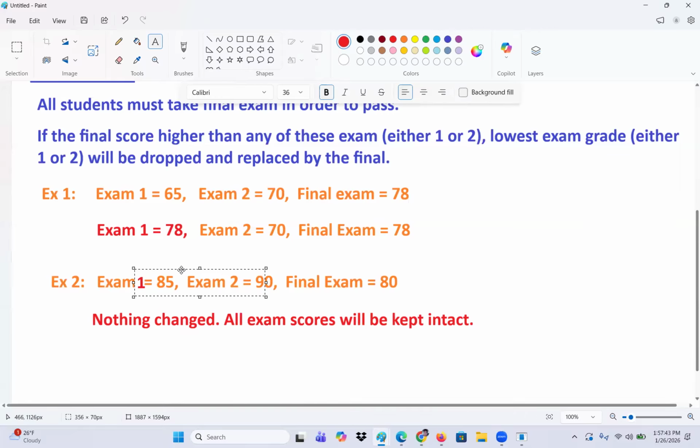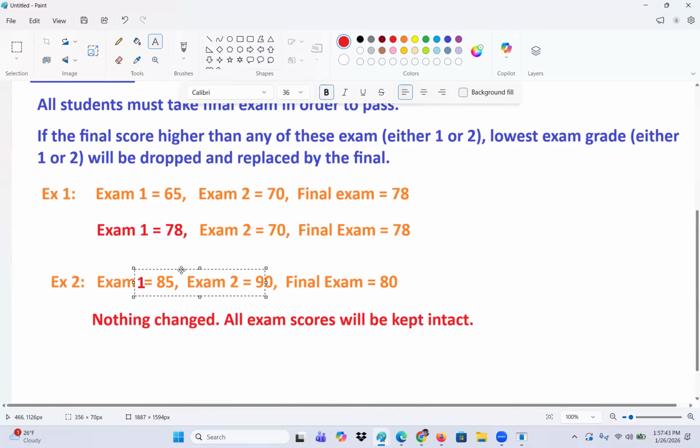Okay. So now the new exam points that we have is no longer 60. So the new exam points will be 60 plus 10. So that'd be 70 points. Are we good? And my concern is that I know some students might score really high on the exams.